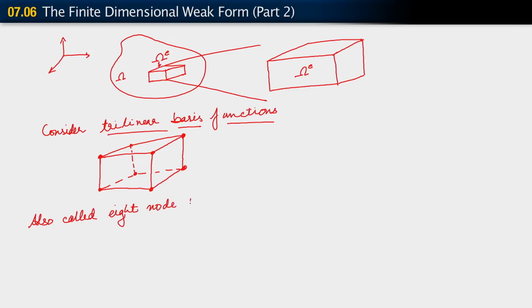They're sometimes called bricks, you know, a very colloquial way of describing their construction. Okay, so that's the setting.